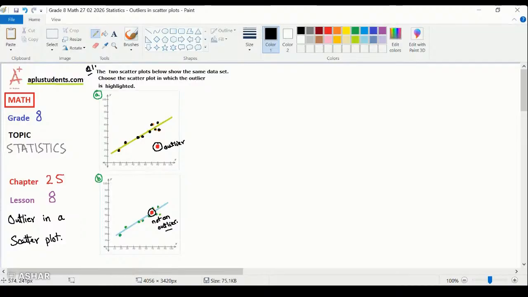One more thing we need to remember is if on the axis, I'll draw an axis just to give you information. If this is the y-axis and this is the x-axis, and we have certain trends given to us, we know that whenever the line is rising upwards, we will have a positive trend.